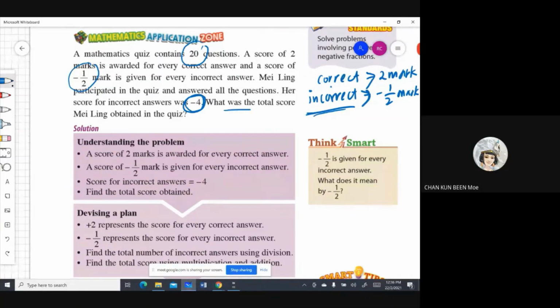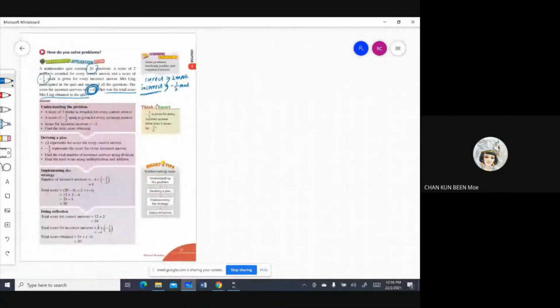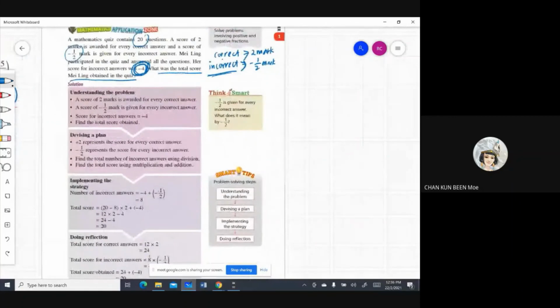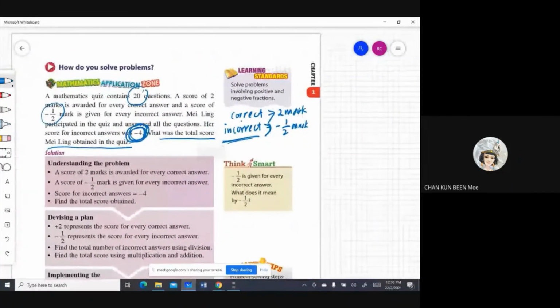Before you find her total score, you need to get the number of questions that she got wrong. Actually, the answer is already given here, but I'm going to show you on the right.